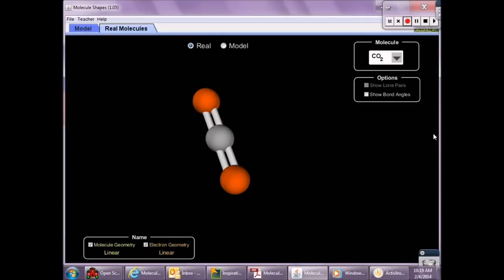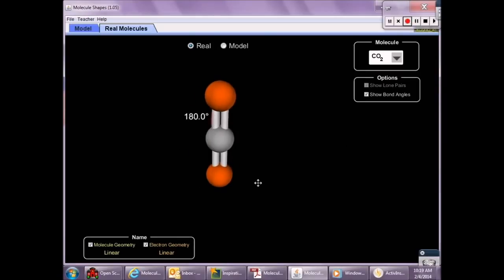What do you think is the bond angle? What do you think is the angle between this atom and the other one? From here to here, it is 180. Okay, the bond angle is 180. So there is no pair of unshared electrons in the central atom.